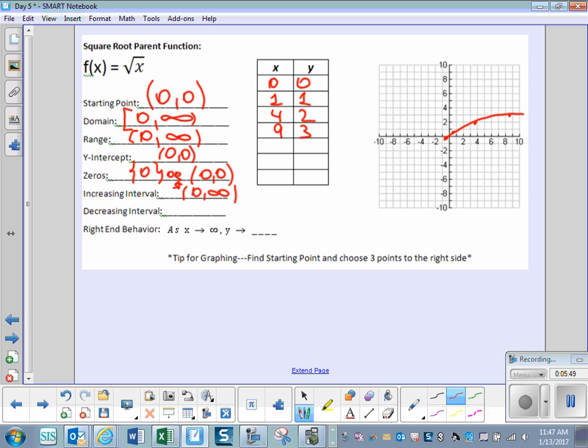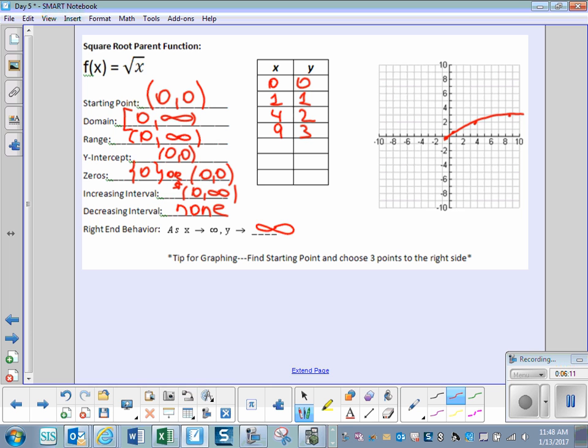Do we have any intervals that are decreasing? No. The function is always increasing. Right-hand behavior: as my x increases, goes to the right, what happens to my y? Y also increases, so y goes to infinity, no stopping there.